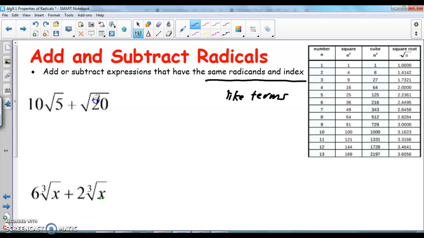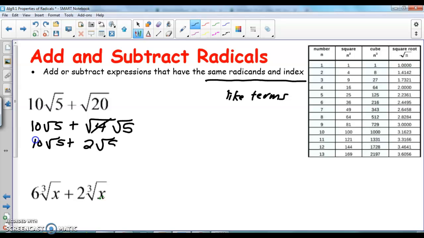So can we simplify radical 20 in terms of radical 5? Well, 5 is a factor of 20, isn't it? So that means we can write radical 20 as square root of 4 times square root of 5. But the square root of 4 is 2. So 10 radical 5 plus 2 radical 5.